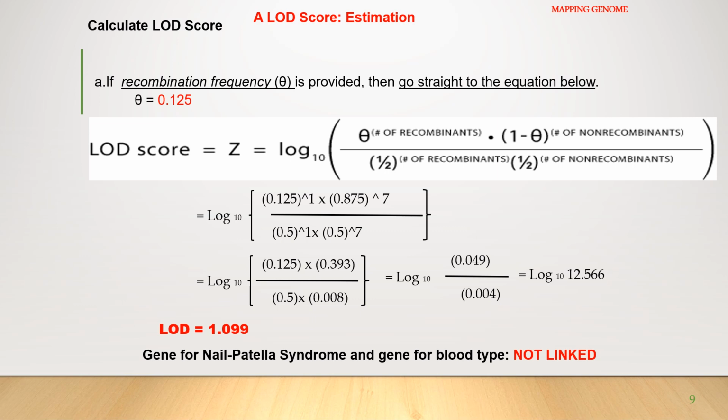Here in the example, out of 8 progenies, 7 were non-recombinants, divided by half, that is 0.5 to the power of recombinants, that is power of 1, into 0.5 to the power of the number of non-recombinants, that is 7.